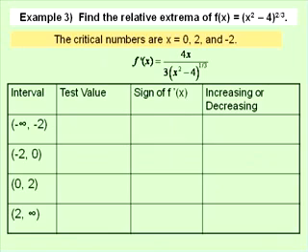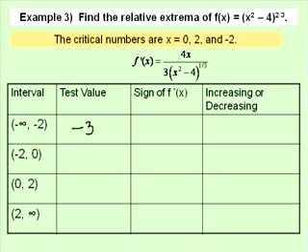So here we have our table, and we will proceed with determining a test value, finding the sign of the derivative, and then determining whether the function is increasing or decreasing on that interval. From negative infinity to -2, let's go with -3 as our test value.